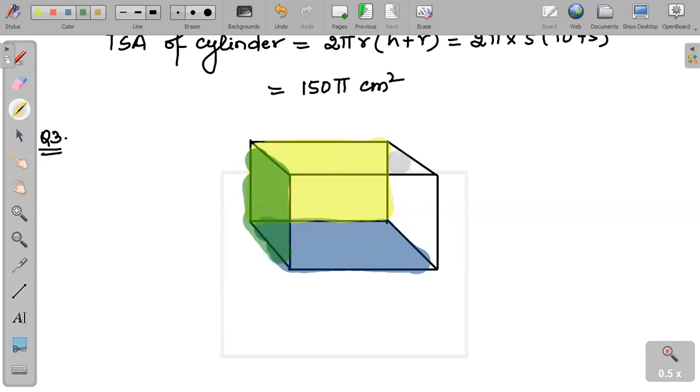इधर भी करेंगे बेटा, and side faces. The blue, yellow.